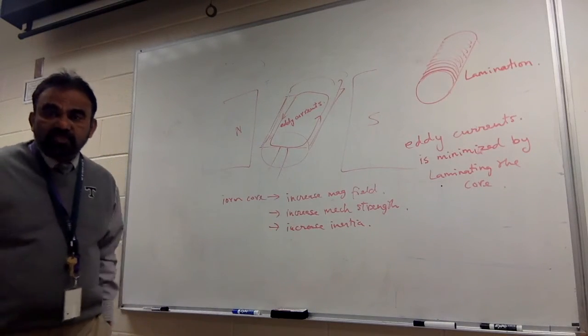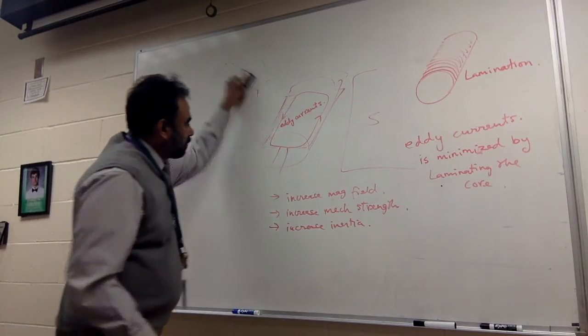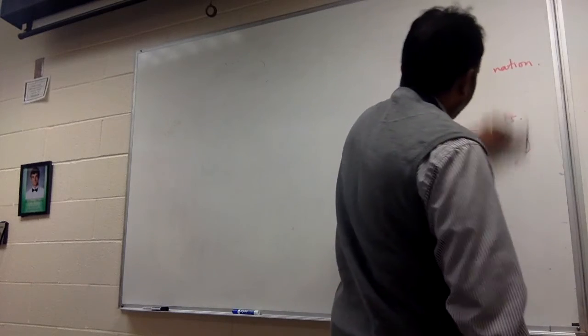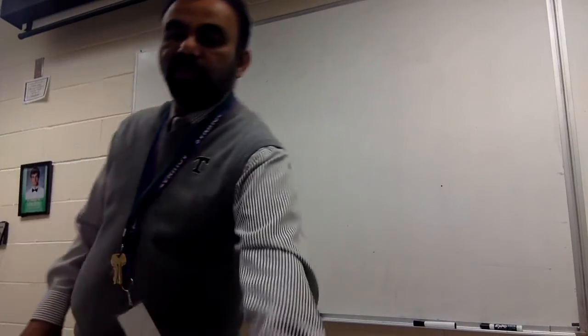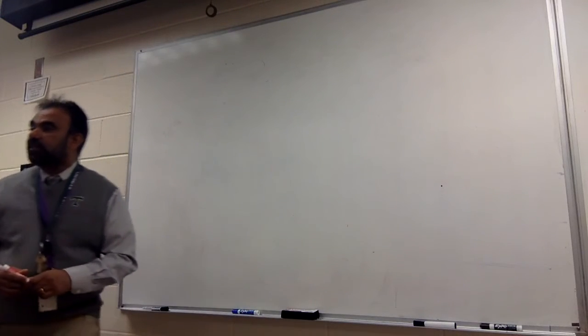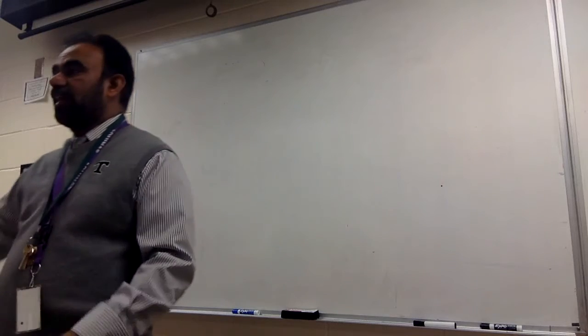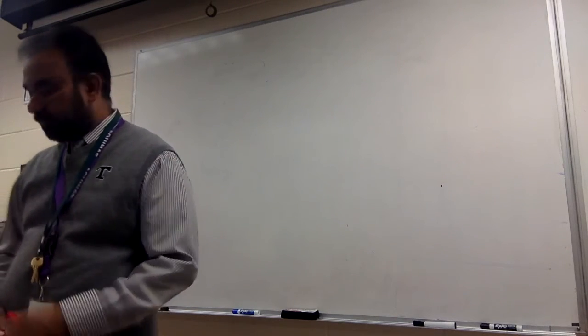Now let's look at a transformer, this thing. What's a transformer? Not the movie. A transformer is a device that transfers electrical power from one circuit to another circuit. That's called a transformer.